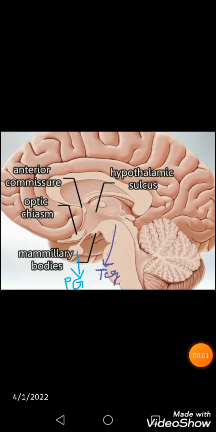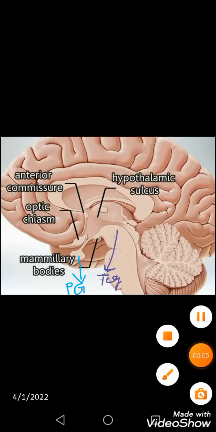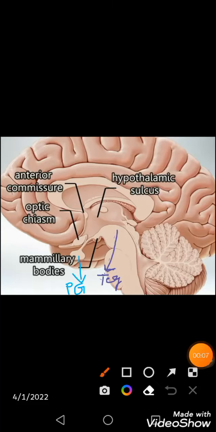Now concentrate on the picture. The things that form the anterior boundary of the hypothalamus are the anterior commissure, then the optic chiasma, and you can find the lamina terminalis. This area is the lamina terminalis, right? And what else you see are on its inferior aspect.